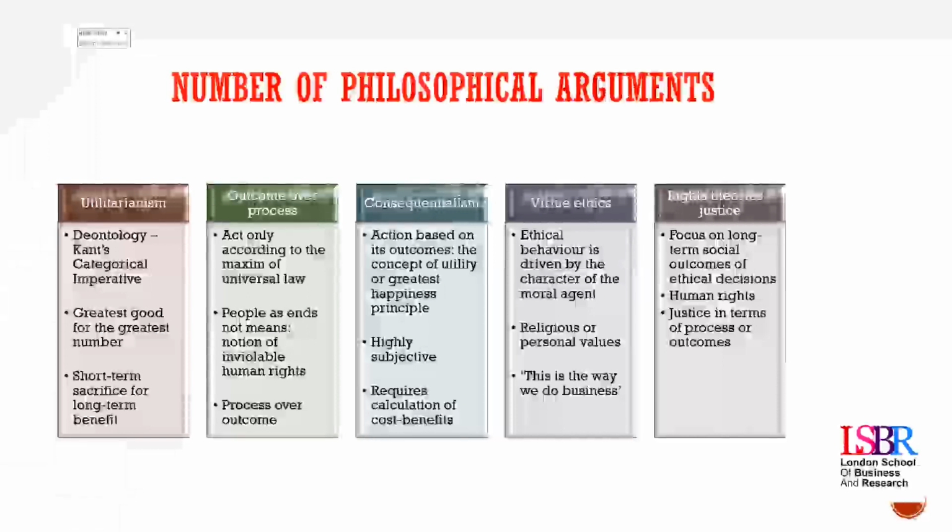There are a couple of different perspectives or philosophies that underpin how we understand the way in which the world should work. Utilitarianism tends to be, generally speaking, a fairly westernized concept. We believe mostly in utilitarian perspectives in the sense that it's all about achieving the greatest good for the greatest number. So it's about saying, how do we do what's best for the majority, okay? It's more of a short-term sacrifice for longer-term benefits.